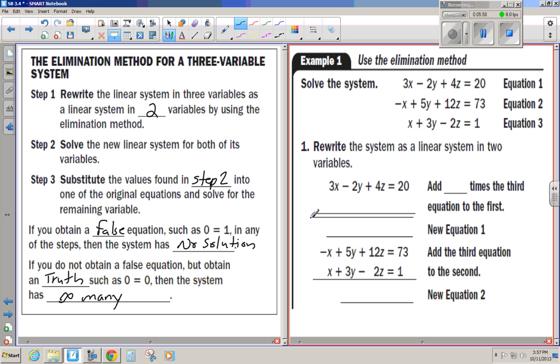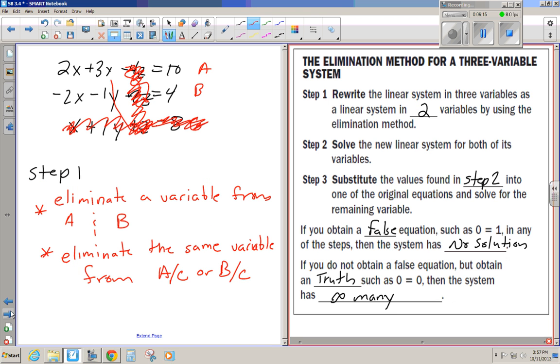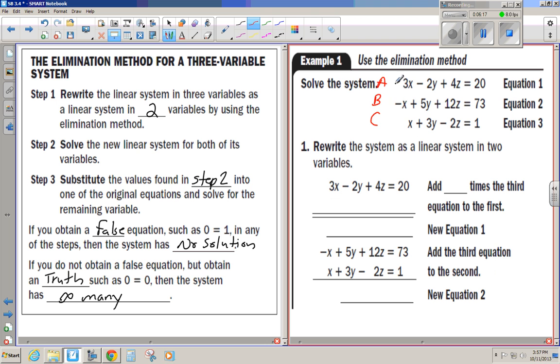So let's take a look first. Remember, this is A, B, C. I said basically do A minus B, or I'm sorry, A plus B. Eliminate a variable from A and B first, but you could eliminate from BC.